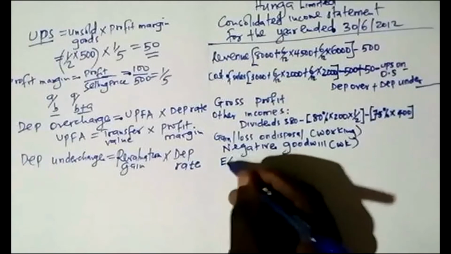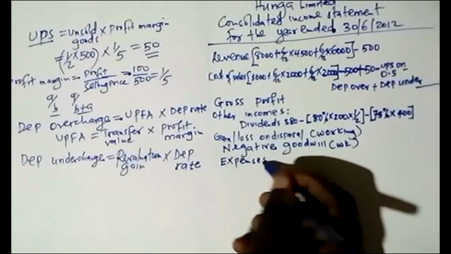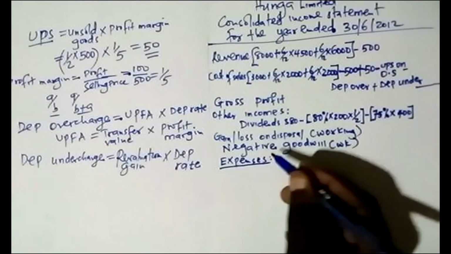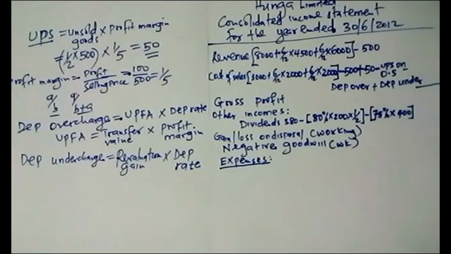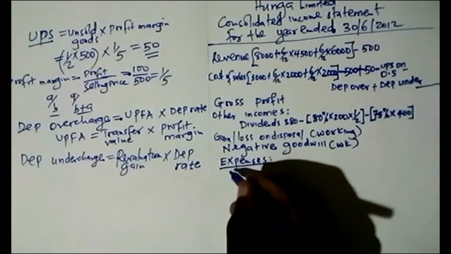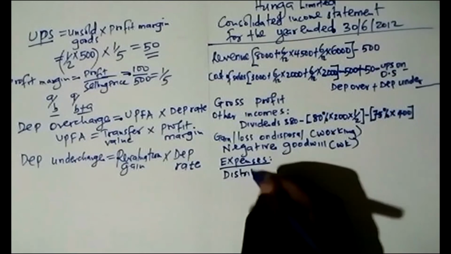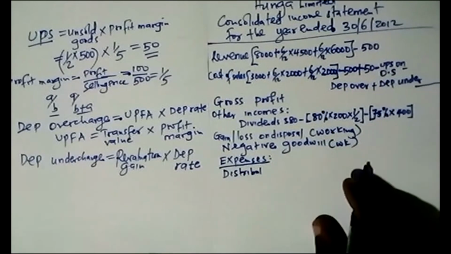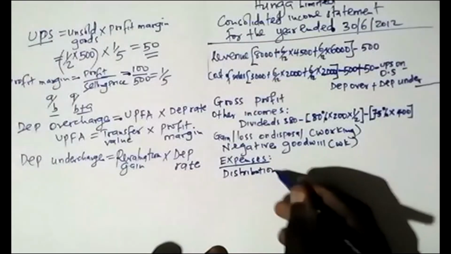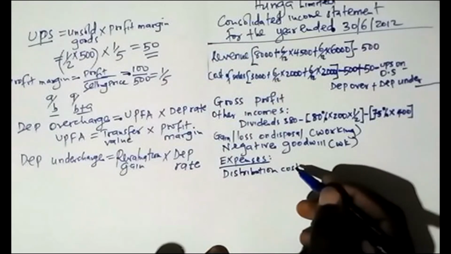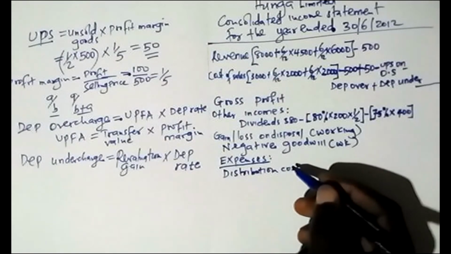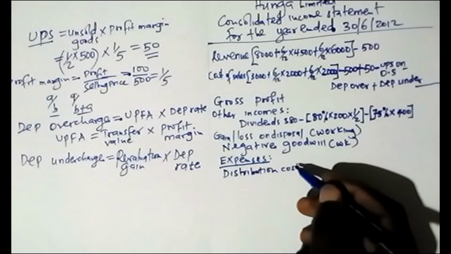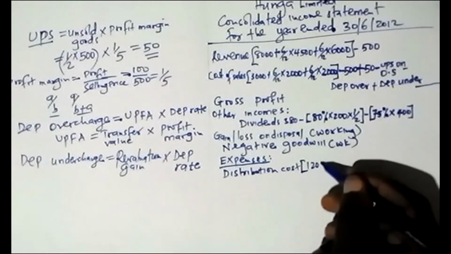For expenses, we start from the distribution cost. For the distribution cost, it's 1,200 for the parent.